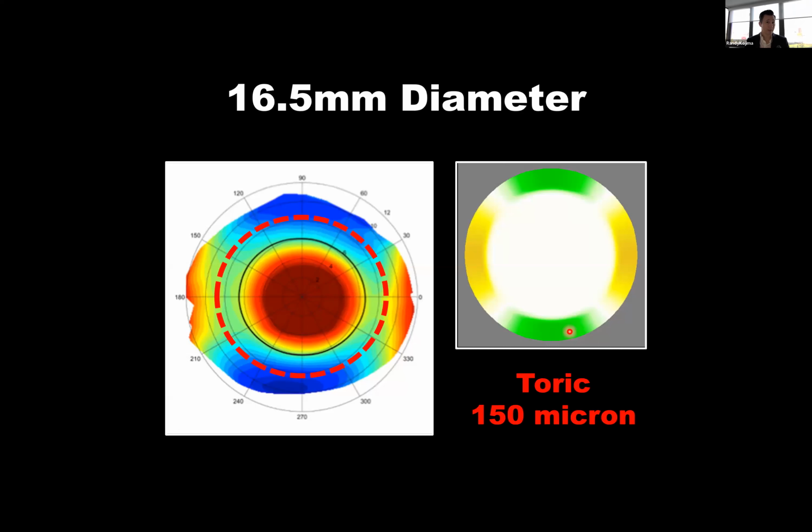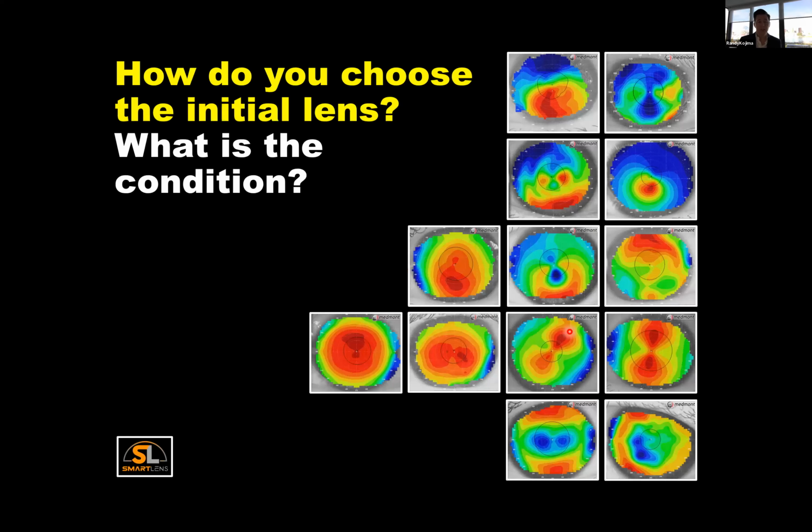And you can make a small lens toric, you can make a large lens symmetric, but typically the way the set is designed, it should fit better than 95% of patients as a symmetric for the smaller diameters, a toric for the larger.